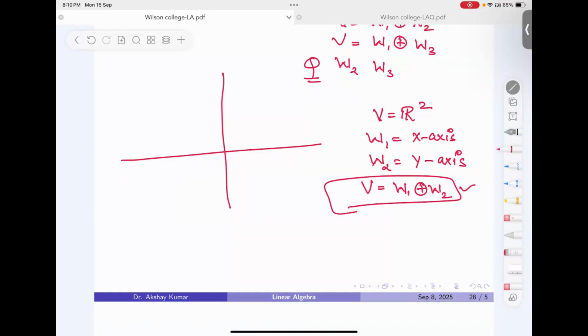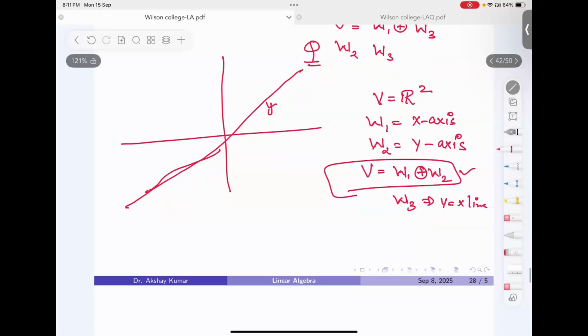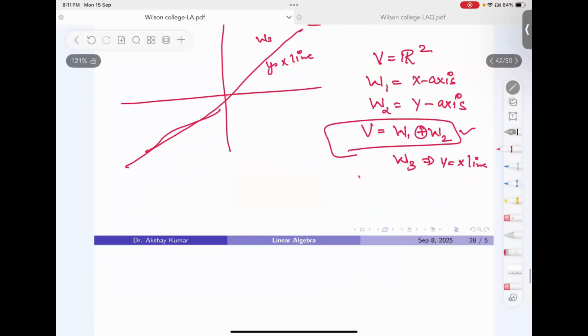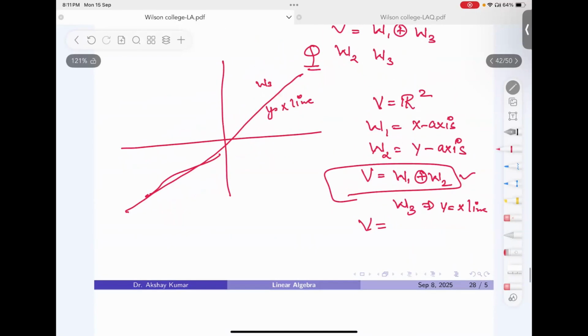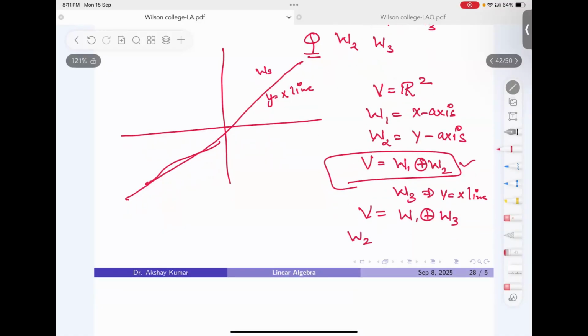Now if you take W3 as the line y equals x, you can check that V is equal to W1 direct sum W3, but W3 doesn't contain W2 and W2 also doesn't contain W3.